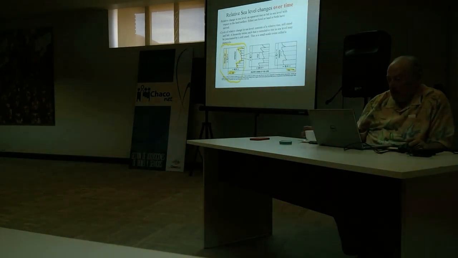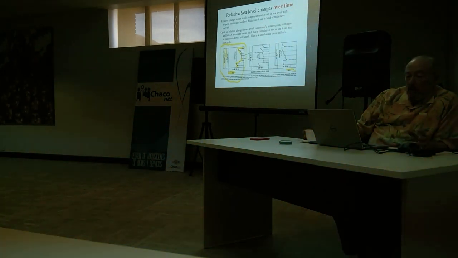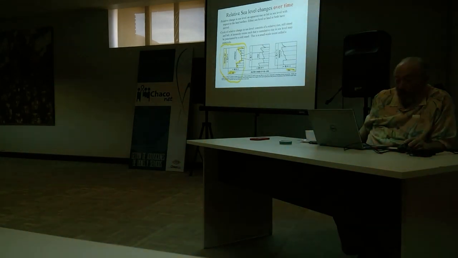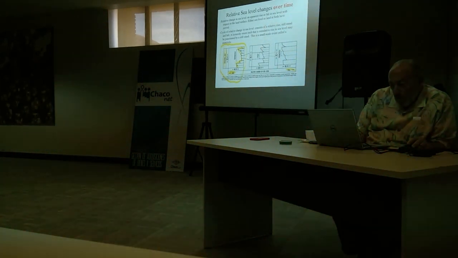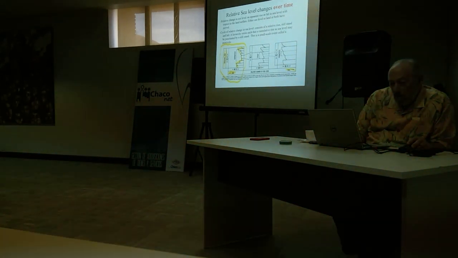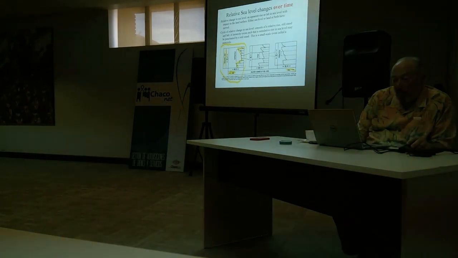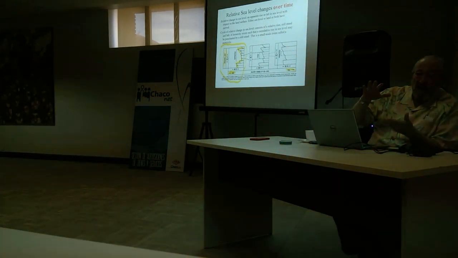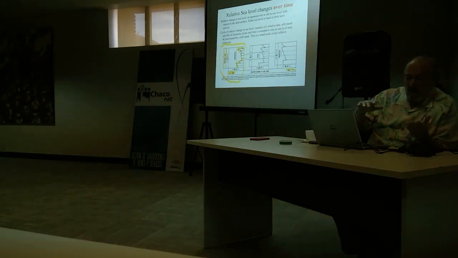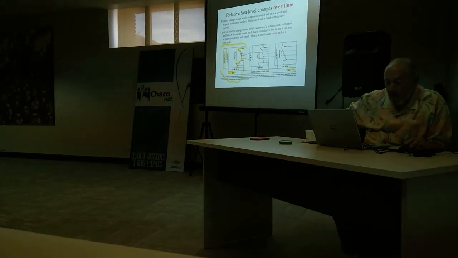Okay. So what you're looking at here is one sea level cycle, and what these lines represent is the higher frequency of sea level change, of cyclicity.